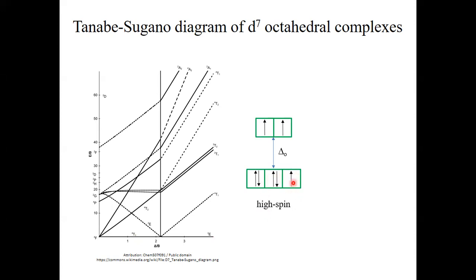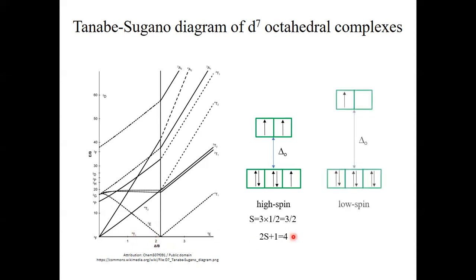For the high spin, we have 3 unpaired electrons. That means that S is 3 times a half, which is 3 halves. And then 2 times 3 halves plus 1 is equal to 4. So this explains this 4.